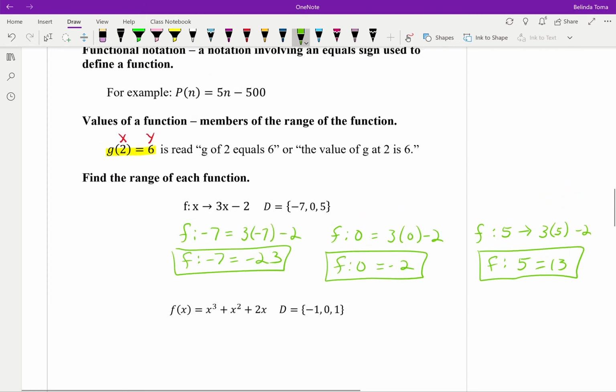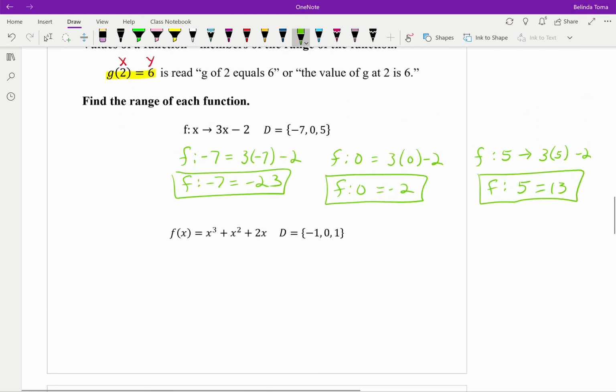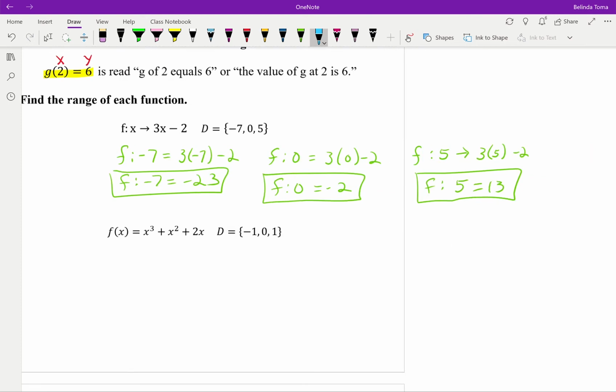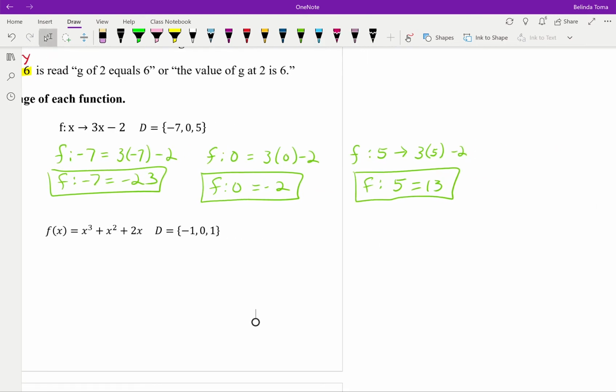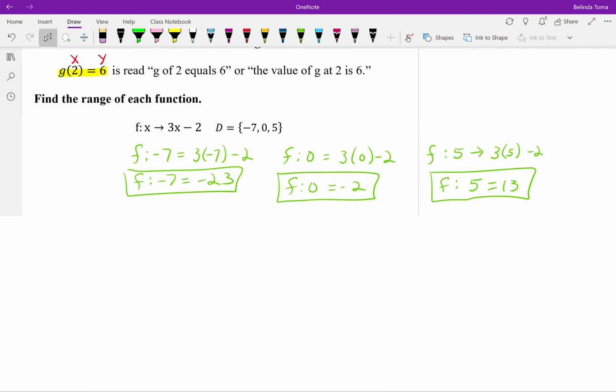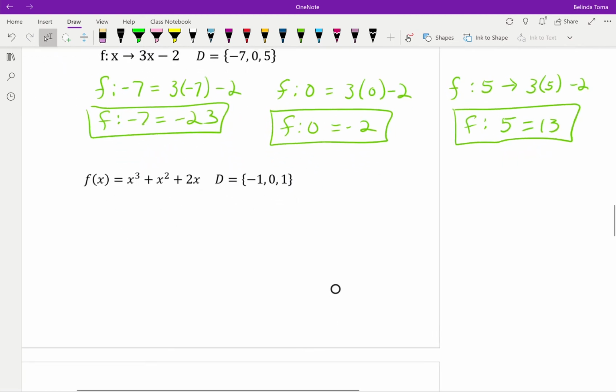All right, so let's look at one more function where we're just finding the range. And again, in this one, I will actually list them. So if we are finding the range, we are just plugging in these values.